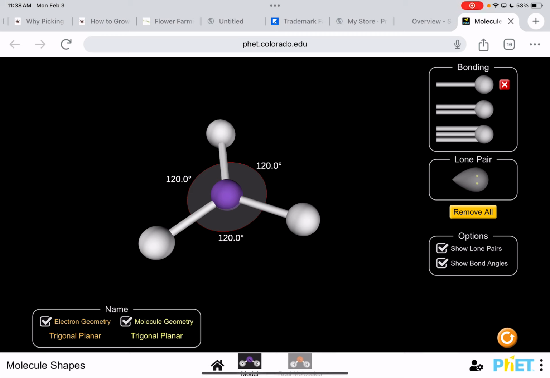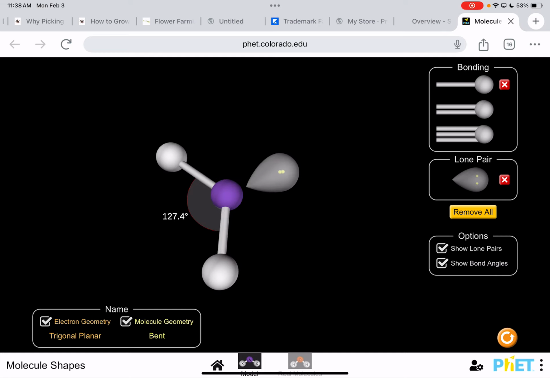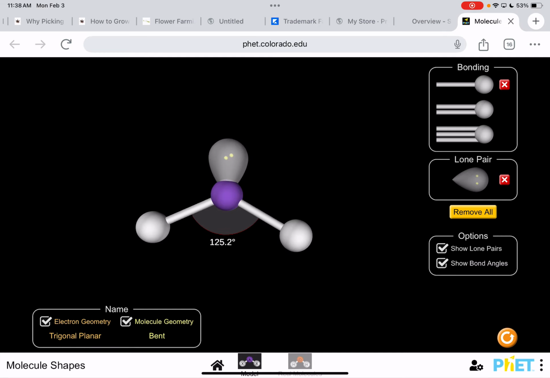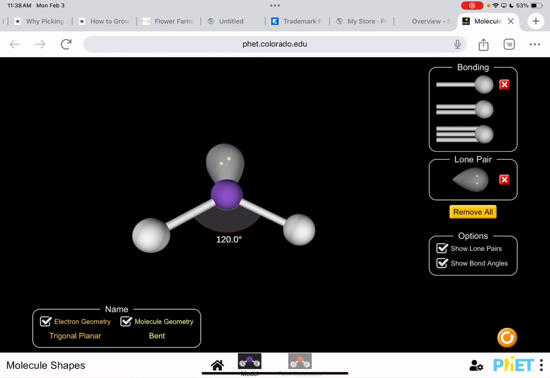Okay, so I'm gonna delete one of the bonds and add a lone pair instead. So it still takes that same general shape. If you're just looking at electrons, electrons as a pair, electrons as a bond, it's still 3 in a plane, right? That's why we still call the electron geometry planar.